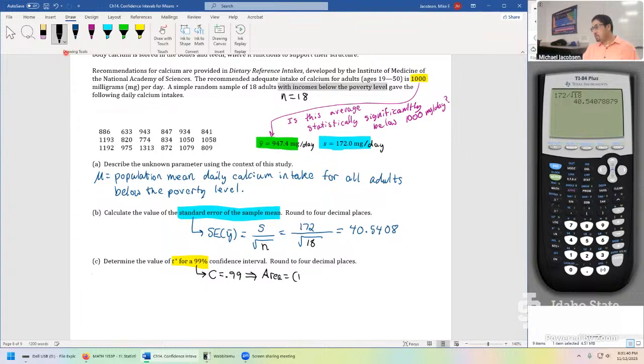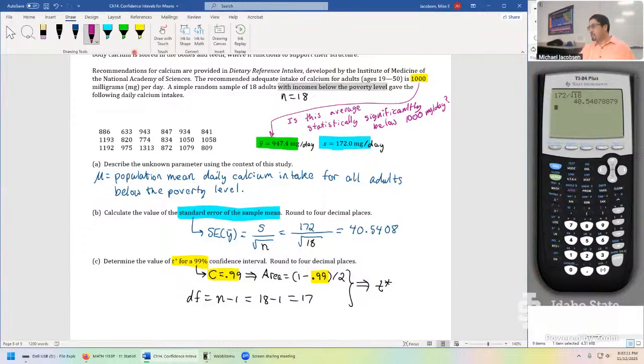Area equals 1 minus 0.99, divide by 2. So whatever this number comes out as, we just drop it in right here. Then we compute degrees of freedom, sample size minus 1. You might have just put df equals 17, and that'd be totally fine. Going by the formula way, it's 18 minus 1, so 17 either way you do it. And this all produces the T star value that we're hunting for.